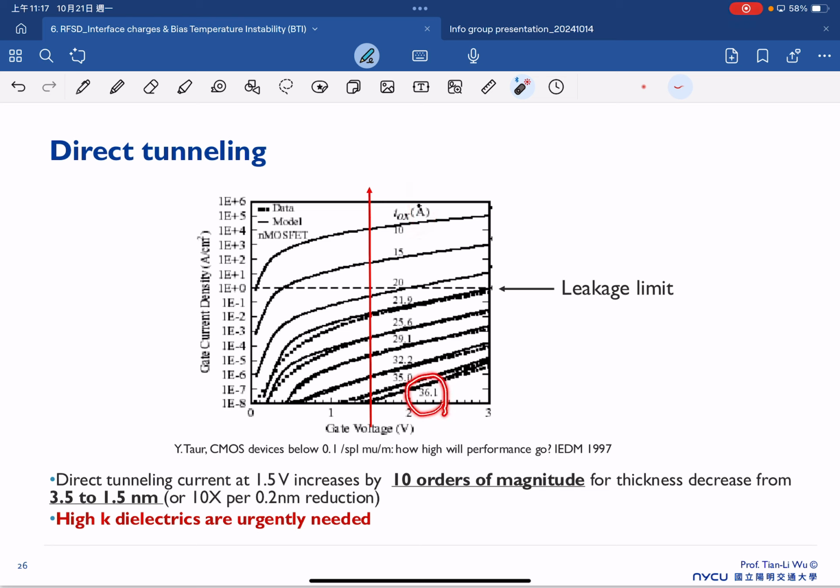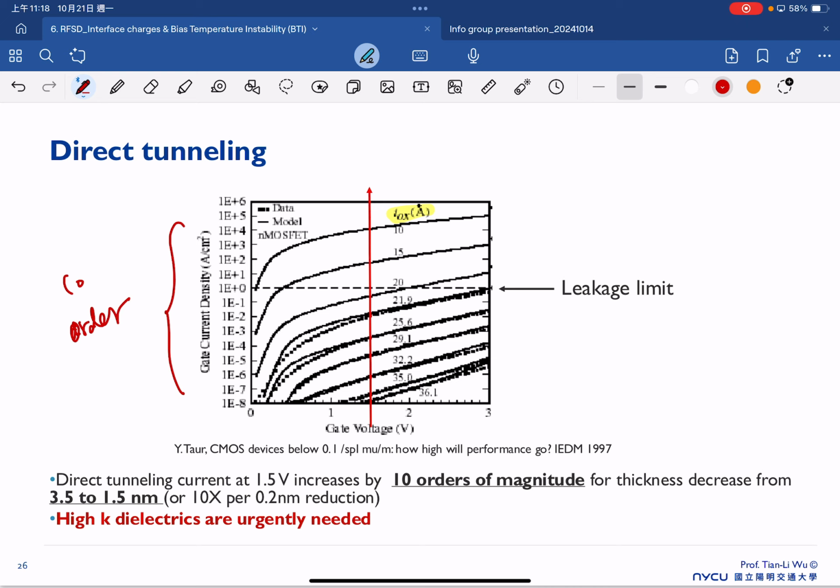And then the leakage current is increased by 10 orders. This is clear evidence that once we continue scaling our dielectric in the semiconductor, we face the issue of a huge current due to direct tunneling.